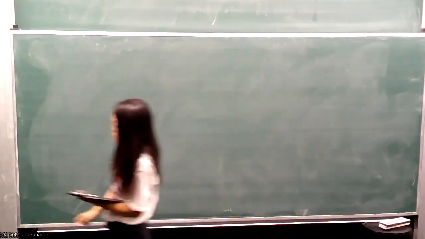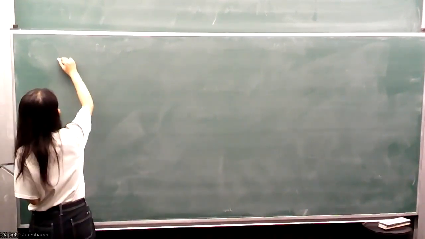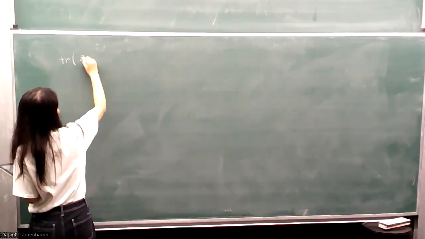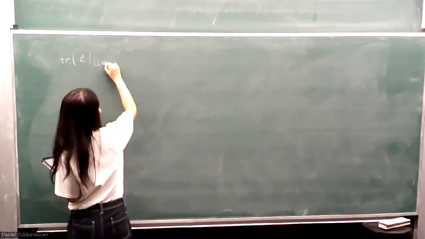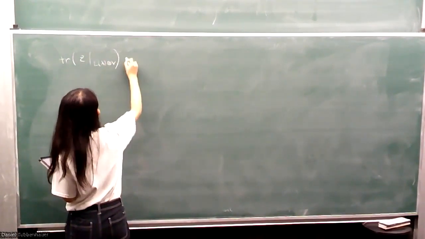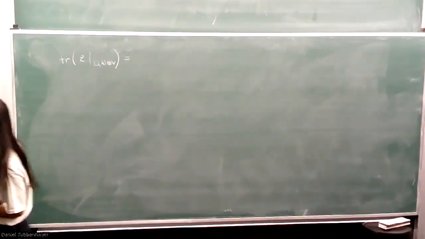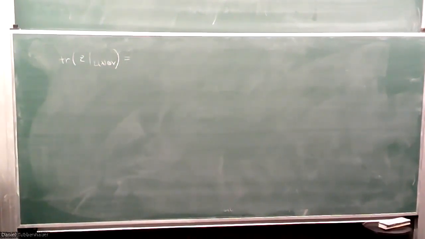So now, if I take the trace for the action of z on this module, then according to this decomposition, z acts by scalar on simple modules. So its trace will just be the sum of the dimensions of these modules times the scalar by which it acts.